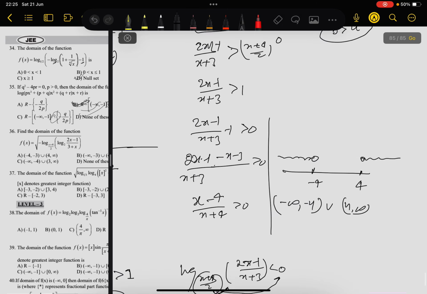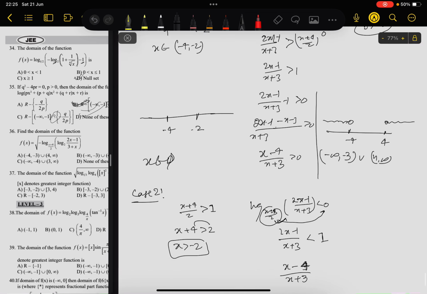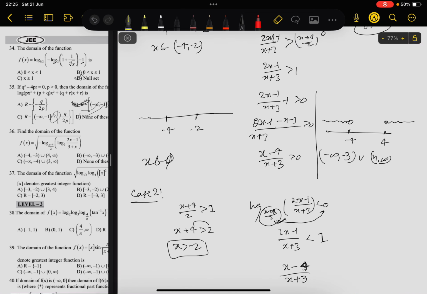Okay, this was 3 not 4, yes, we got it. This was plus 3 not 4, this was plus 3. So here this is minus 3. Now let's see this one.